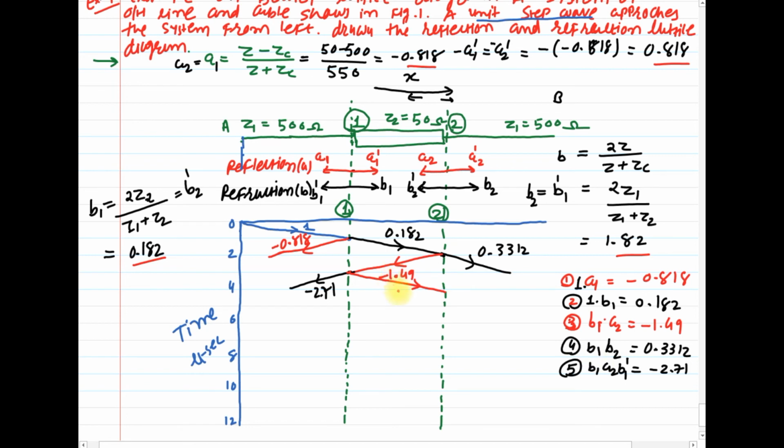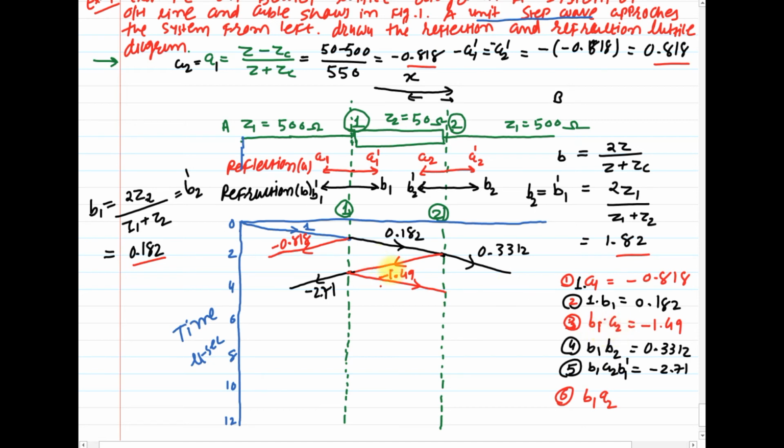B1 B2, over here, which is B1 into B2, which is equal to B1 B2 into B1 into A2. Just carefully multiply the reflection and refraction coefficient.